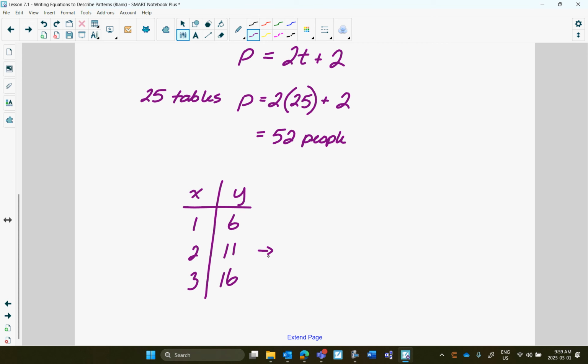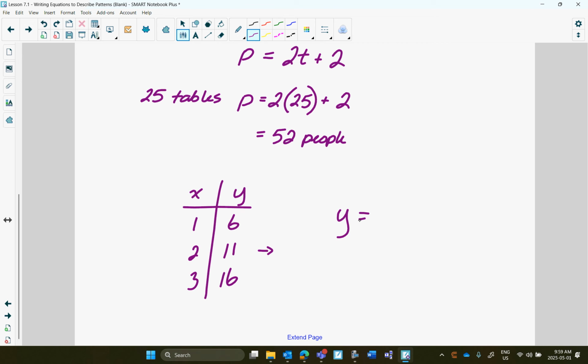Just 1 second. Give everybody a chance to take a shot at it. What do I do to X to get to Y? So in other words, Y equals, what do I do to X? Okay, Finley.